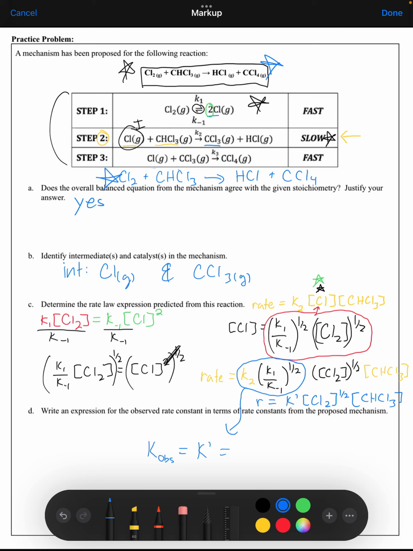So K prime would be equal to that complicated looking expression. You would use K2 times K1 over K to the -1, all raised to the 1/2 power. And this is your expression for the observed rate constant.